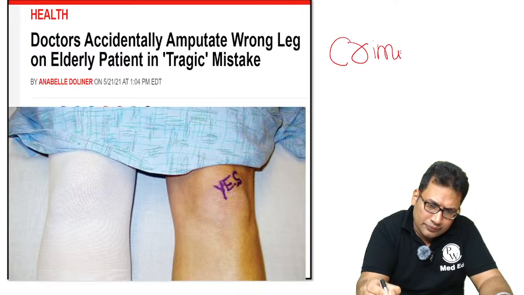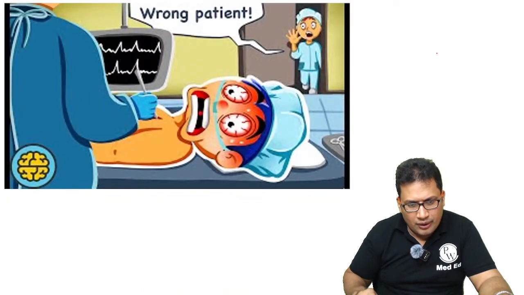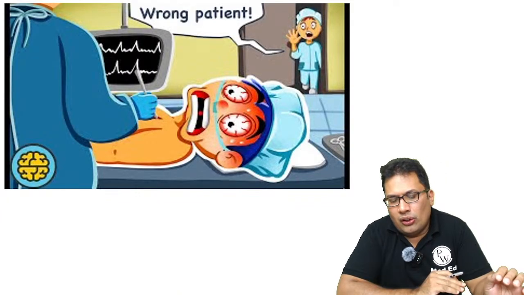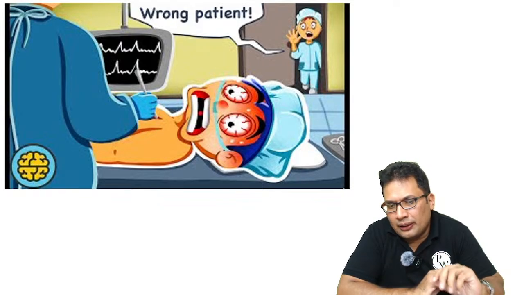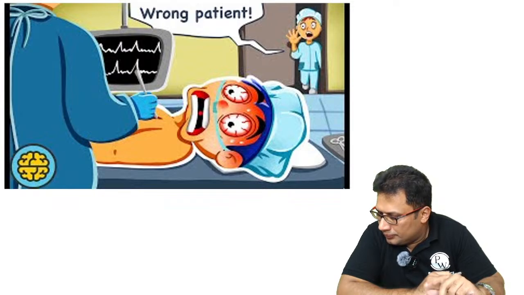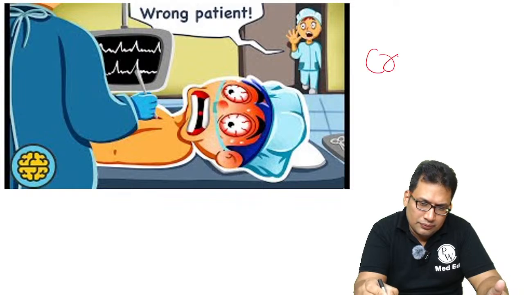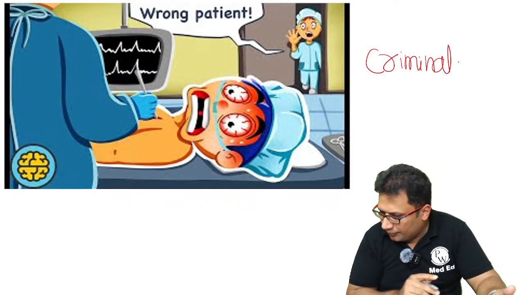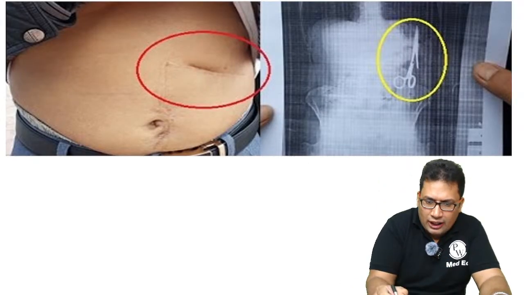Criminal negligence. What about this? Wrong patient. Civil or criminal? You need to type either civil or criminal. Very good. Criminal. Good. What about this? Instrument in the abdomen.